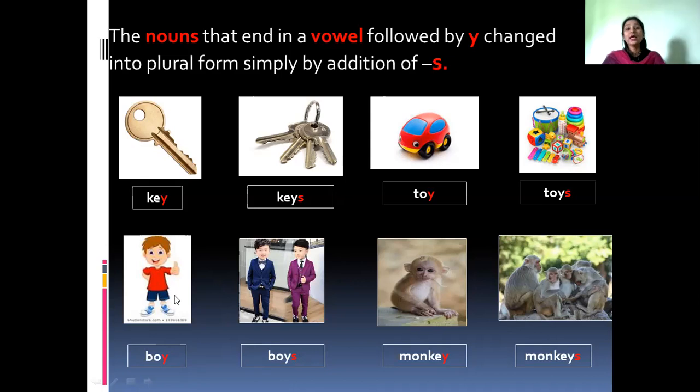Got it? If Y is the last letter and before Y a consonant is there, that time drop the Y and join IES. And if the last letter is Y and before Y a vowel is there, leave that Y there only. Don't do anything to that Y. Just join S to that word and make the plural form.